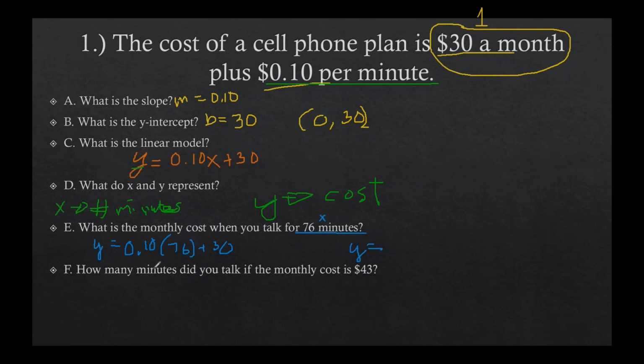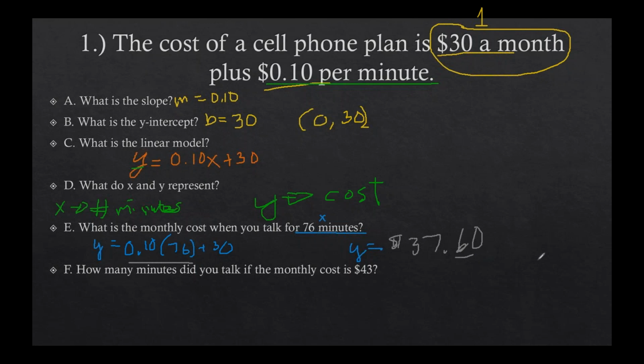Remember, order of operations. So you should be multiplying first. 10 cents times 76, get a number, then add that to 30. And what do you get? $37.60. So it would cost you $37.60 for that month's cell phone bill if you talked for 76 minutes.